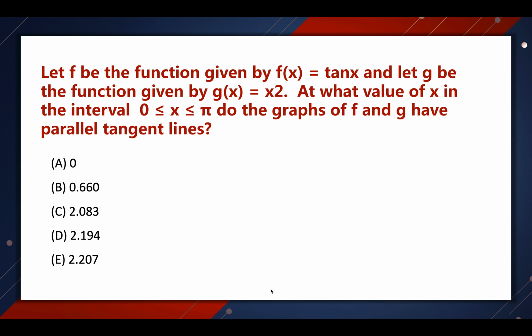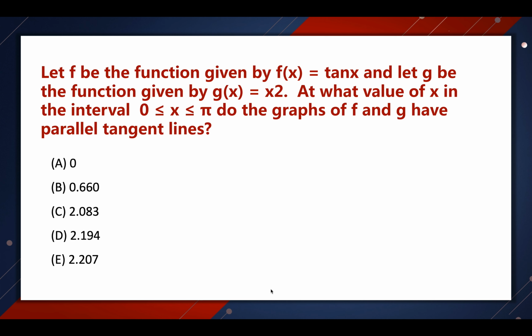And in these questions we will know line f and line g are parallel tangent lines, so the derivative of these two lines is equal.